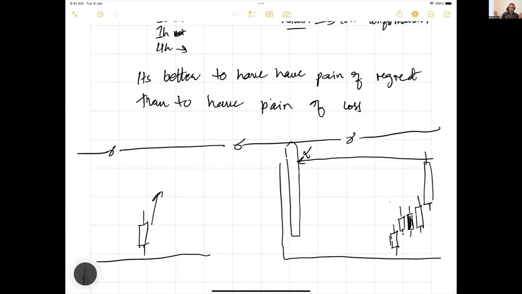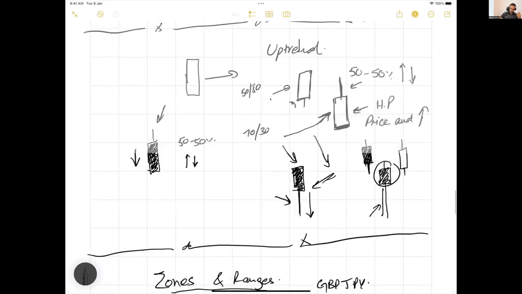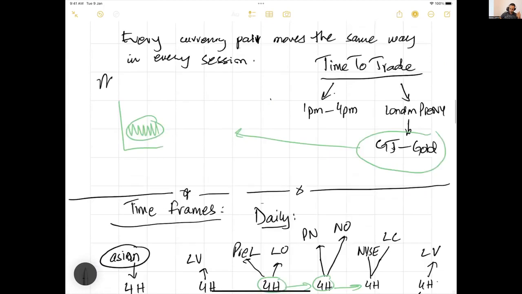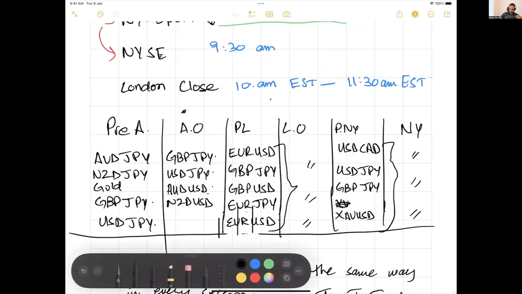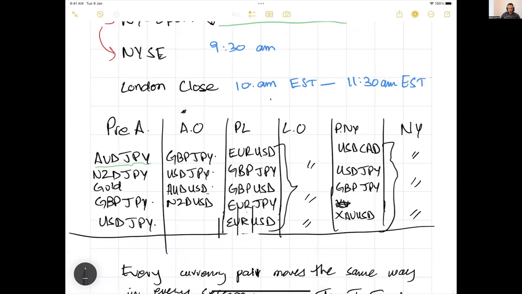If I'm choosing, let's say, AUD JPY in the Asian session, I don't think it's a wise idea, because then I have to do analysis on whether AUD is strong and whether JPY is strong.